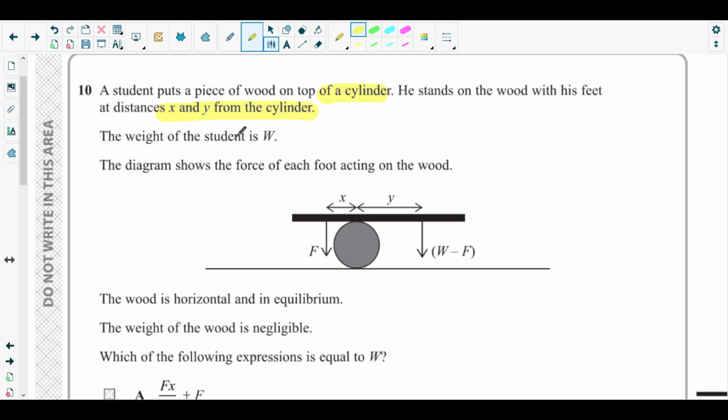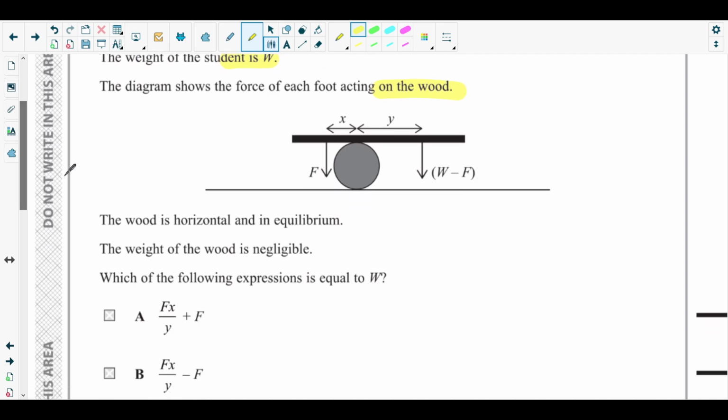The weight of the student is W. The diagram shows the force of each foot acting on the wood. The wood is horizontal and in equilibrium. The weight of the wood is negligible. Which of the following expressions is equal to W?